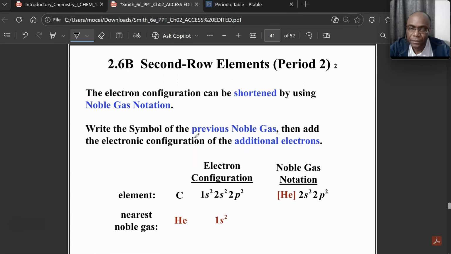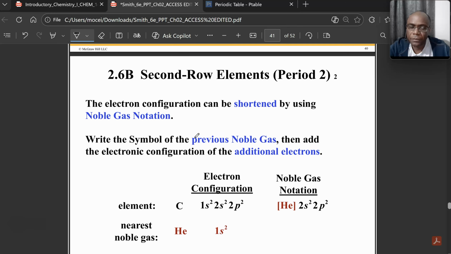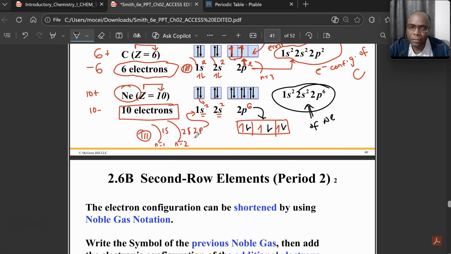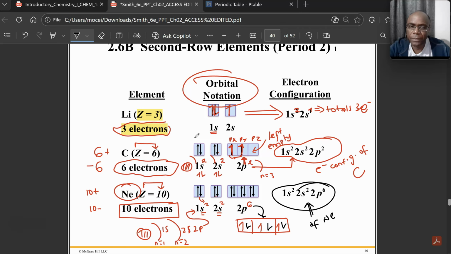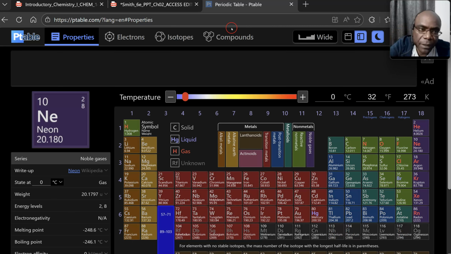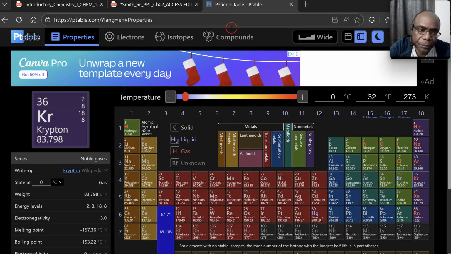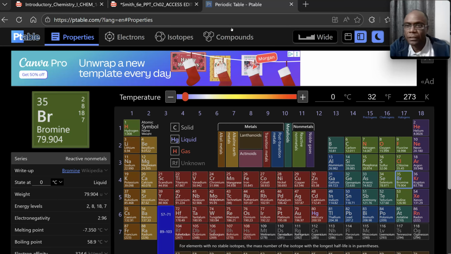Okay, so before we talk about the noble gas notation, let's do some practice of electronic configuration. I'm going to give you a shortcut on how to know which orbital is filled first. Let us look at a bigger element, like bromine.